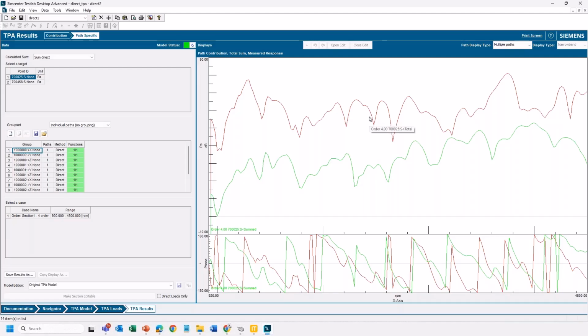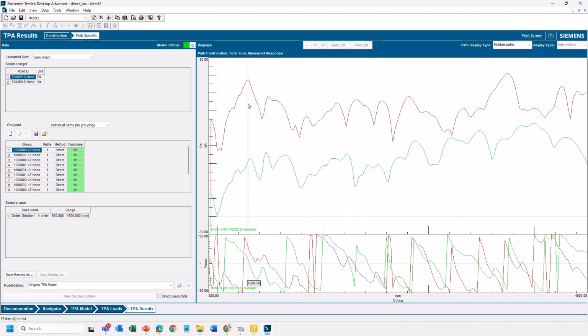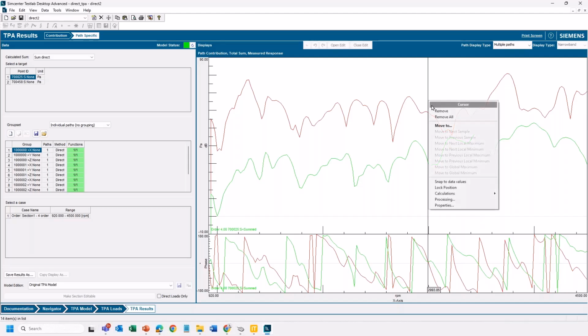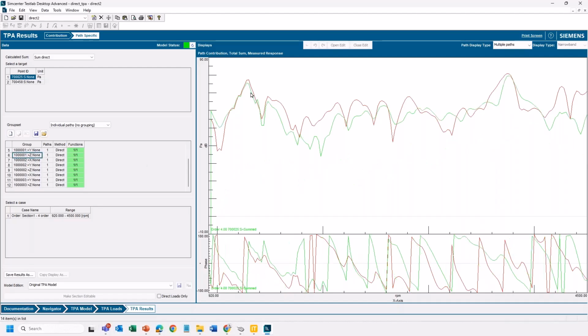The red is the total of all paths, and those things that looked red in that color map, that 1,200 RPM, and you can see that big peak there, 1,290, I should say, and then 3,700 RPM. They're pretty big. If I was to go to, what was it, 1,000,001 in the Z, that looks like a pretty big contributor, doesn't it?